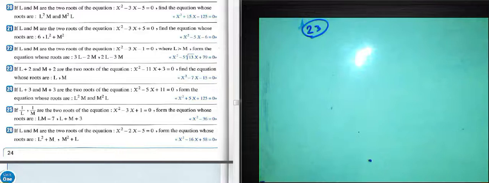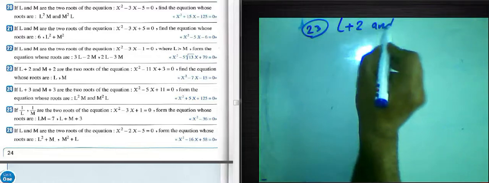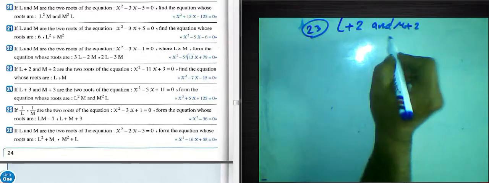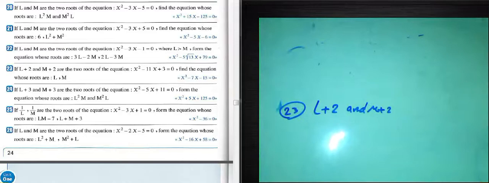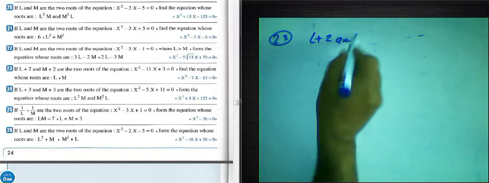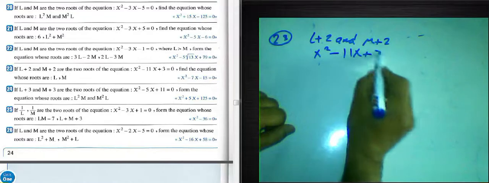If L plus 2 and M plus 2 are two roots of the equation x power 2 subtract 11x plus 3 equals 0.